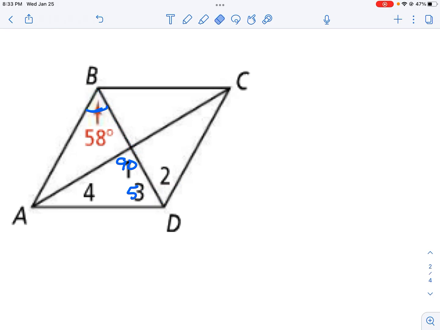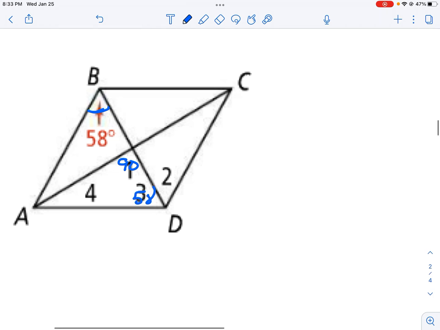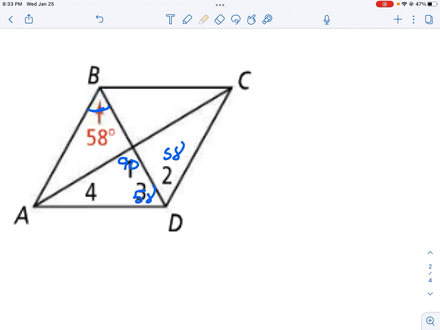Now, if I take a look at this triangle right here, it's the triangle angle sum theorem. There are 180 degrees in a triangle. This angle is 90. This angle is 58.